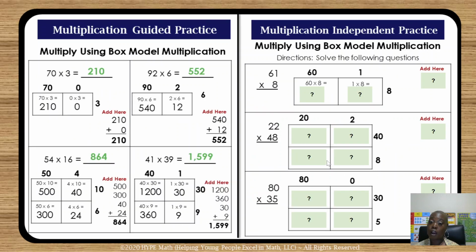We have our practice. On the left-hand side, always we'll have a guided practice whenever we're having students work out different types of math concepts. And then on the right hand side is the independent practice. And if you notice, the same type of multiplication where it's 2-digit by 1-digit, and then multi-digit multiplication for this one.